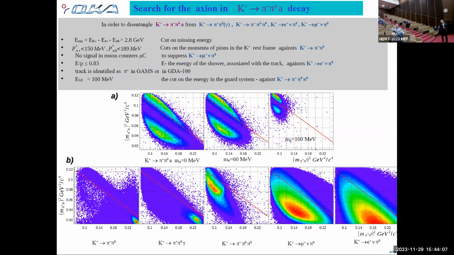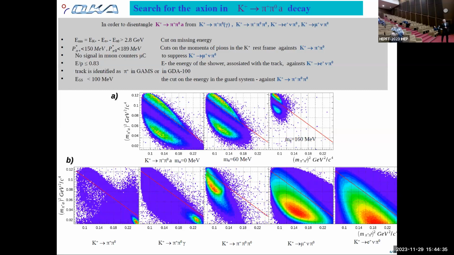And okay, we should have identification of pi plus, and this is done by using GAMS electromagnetic calorimeter and hadron calorimeter. Okay, and the last cut is a requirement of absence of signal in guard system.